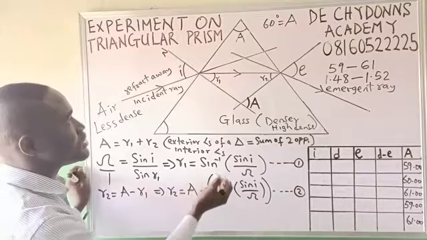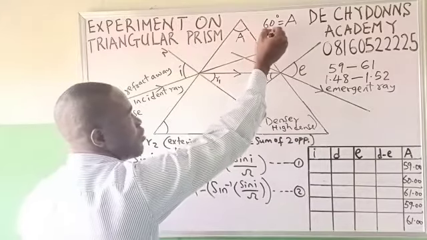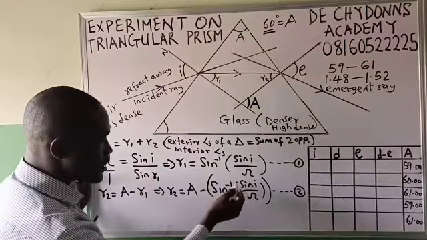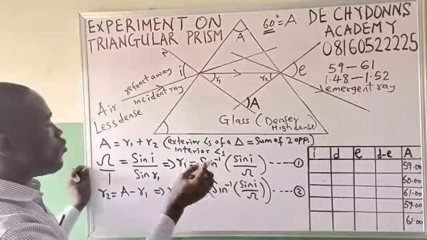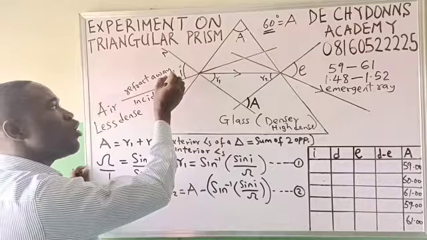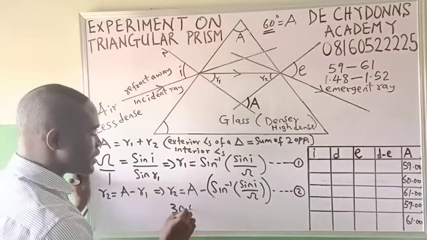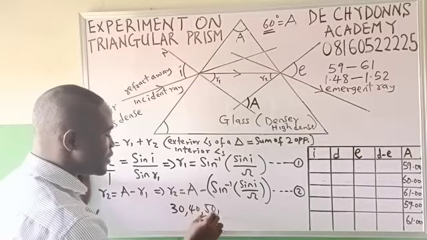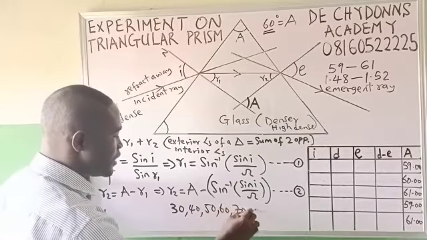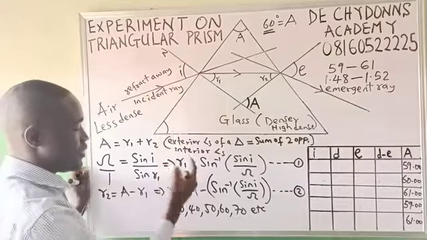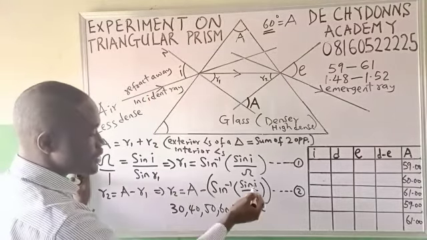And I said that A is equivalent to 60 degrees. So you say 60 minus whatever I get here. They will give you the value of I. Most times they will tell you that I ranges from 30, 40, 50, 60, 70, 80. So they must give you the value of I for you to put it here.